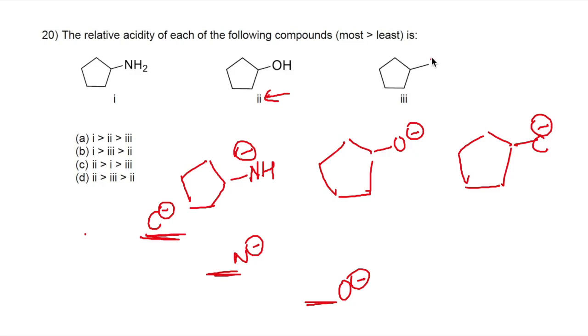So this carbon is very unlikely to give any of the hydrogens that are connected to it away. So the most acidic is going to be this one right here, 2. Then the second one is this one, and the third one is the one with the carbon. So the answer for that is C.